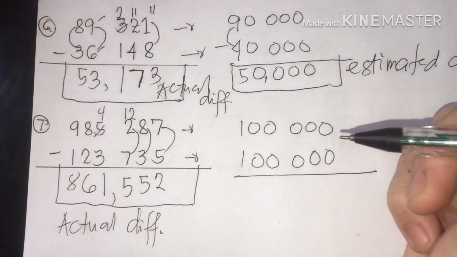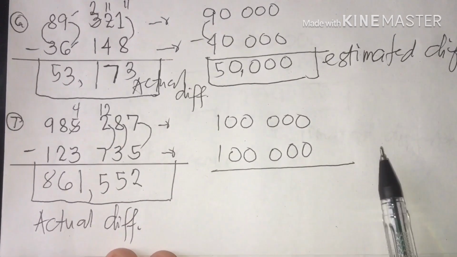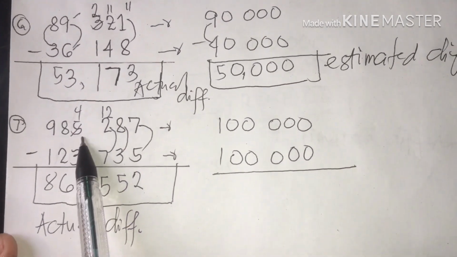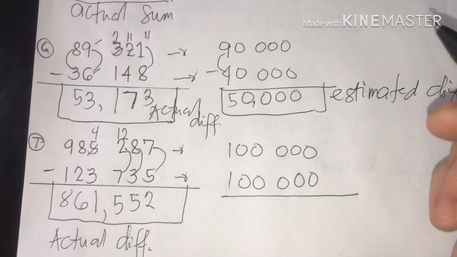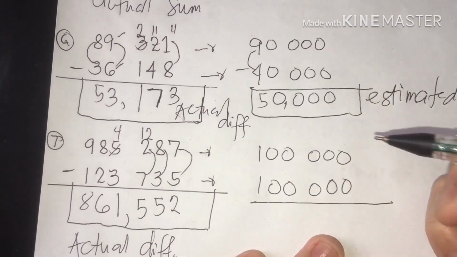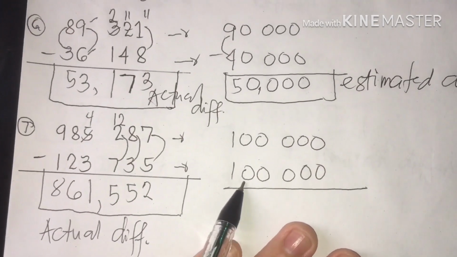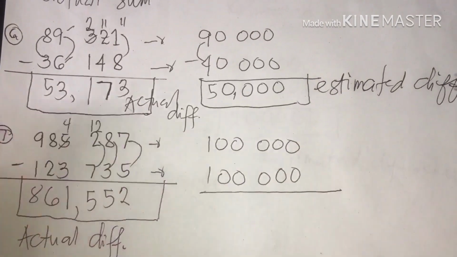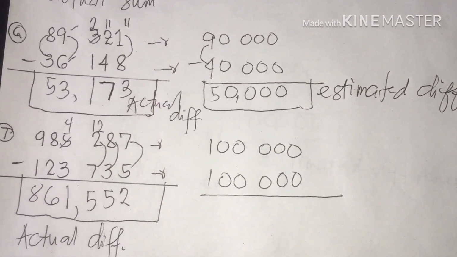Actual difference. So remember class, in giving the actual difference, 985,287, when we actually estimate it, it becomes 100,000. So this one is 123,000. So we are going to estimate it to 100,000. So there is no actual difference yet.